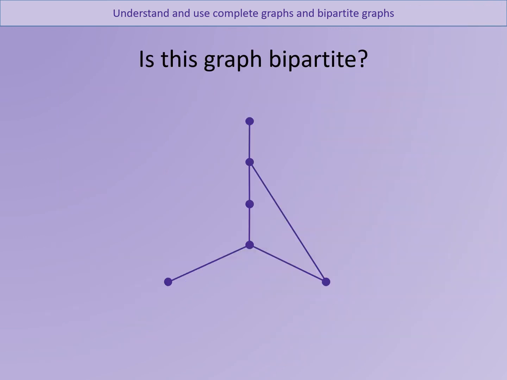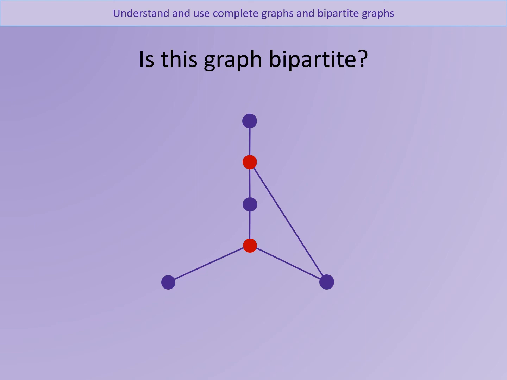I'd now like you to consider whether this graph would be bipartite. You may need to redraw it. You can move the vertices around on the page, but you cannot disconnect any of the edges in order to do so. So initially this graph doesn't look bipartite because the vertices haven't been drawn in two distinct groups. However, if we consider each alternate vertex here, you may do this by colouring them in different colours, like this.